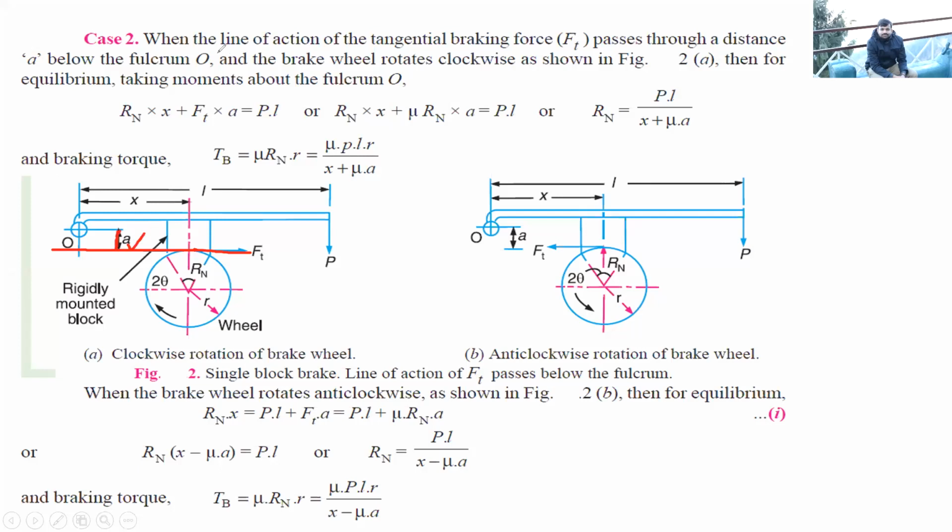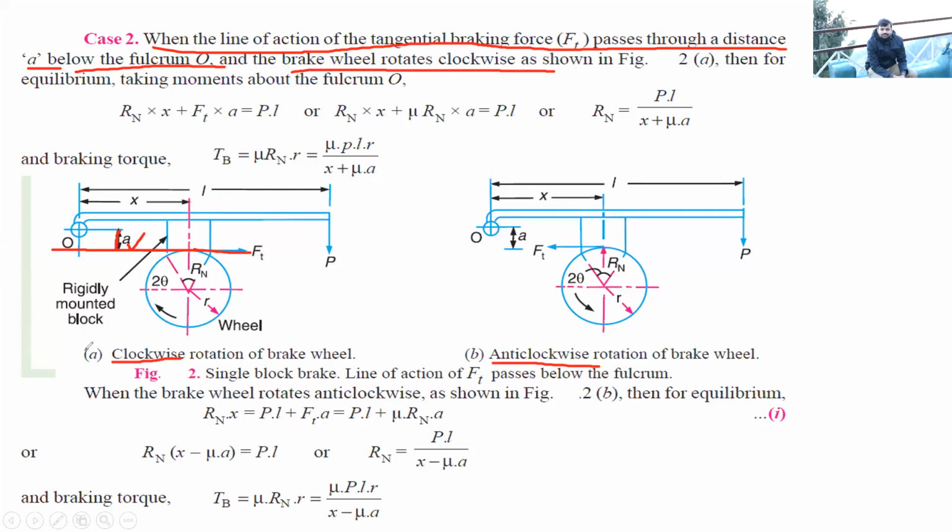What does case 2 say? When the line of action of tangential braking force Ft passes through a distance A below the fulcrum point O, and the wheel rotates. Again, we will take two conditions, when the wheel is rotating in clockwise direction and when the wheel is rotating in anti-clockwise direction.